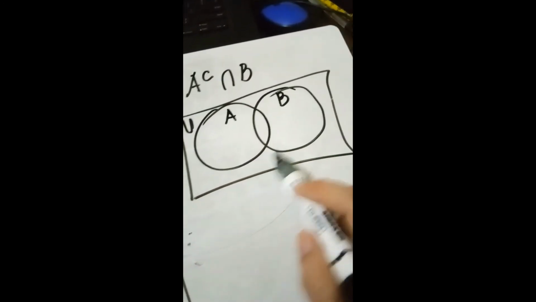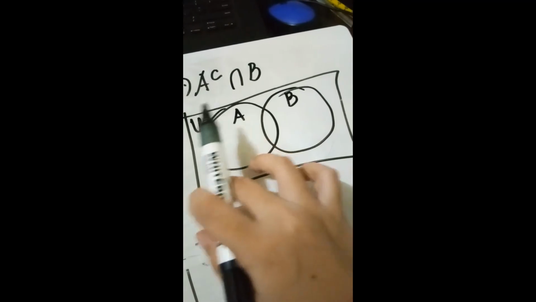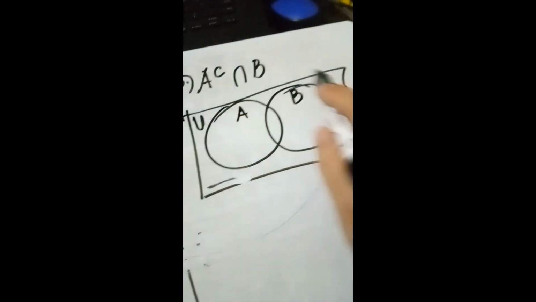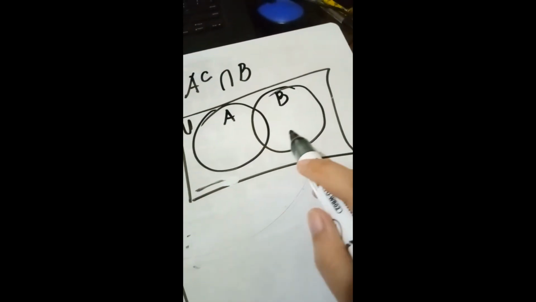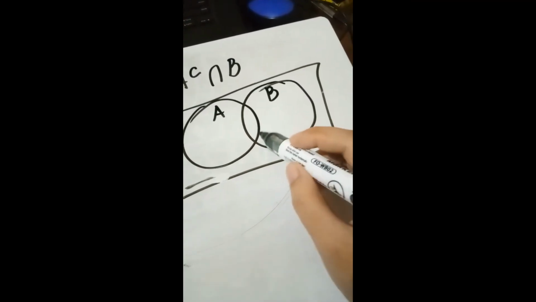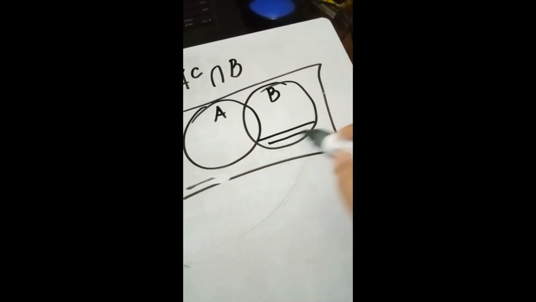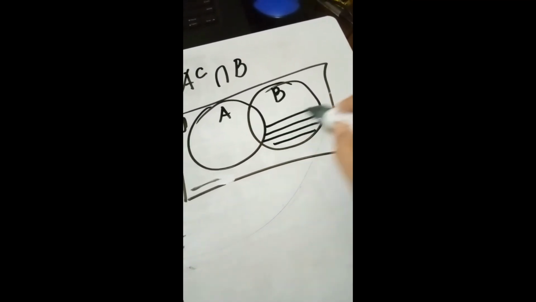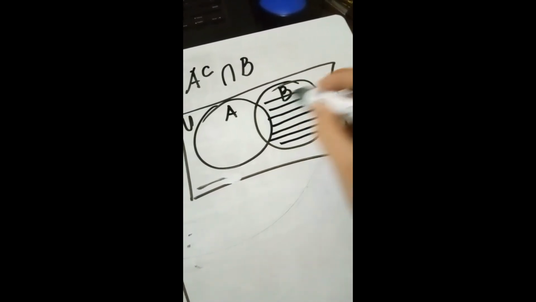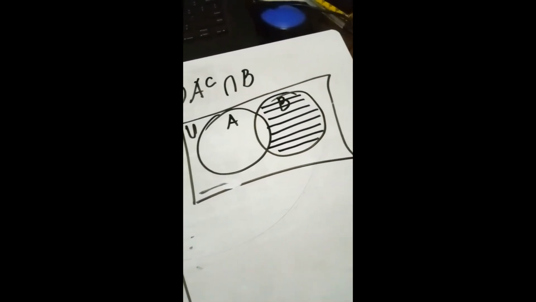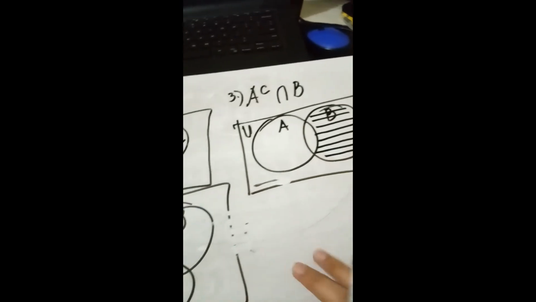So, not set A, so lahat-lahat outside except set A, i-intersect mo daw siya sa set B. Therefore, the shaded portion is just this. Yan. Okay, so that's number 3.